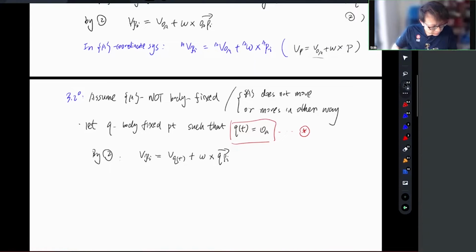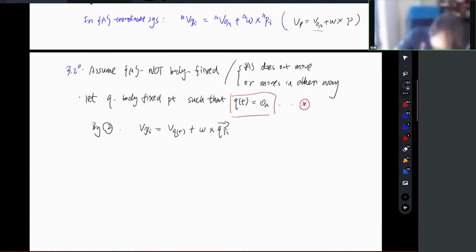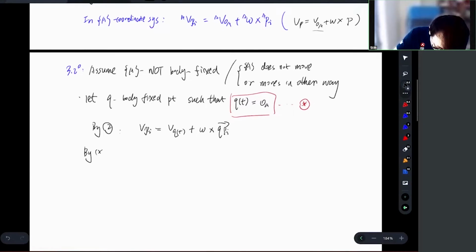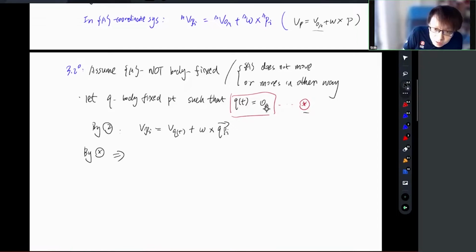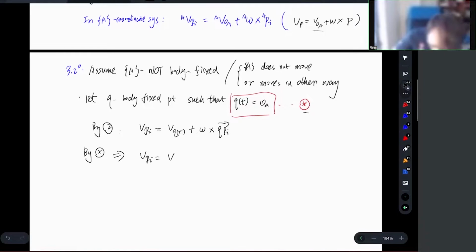Because of the star, Q(t) is just OA. So in this case, VPI equals VOA plus omega cross OA to PI.